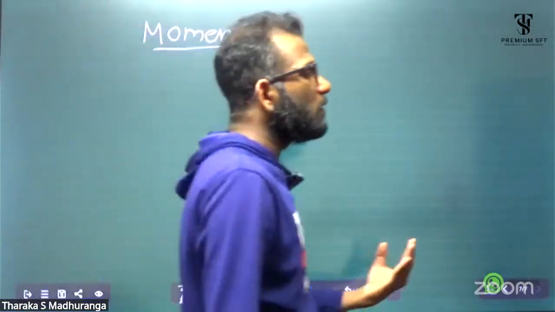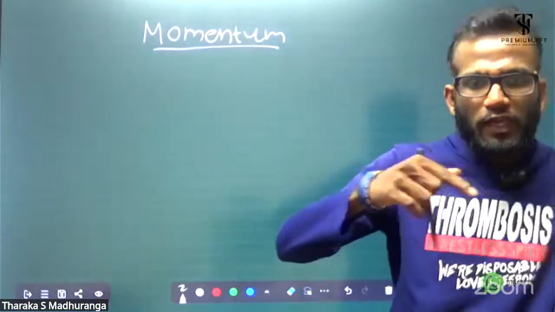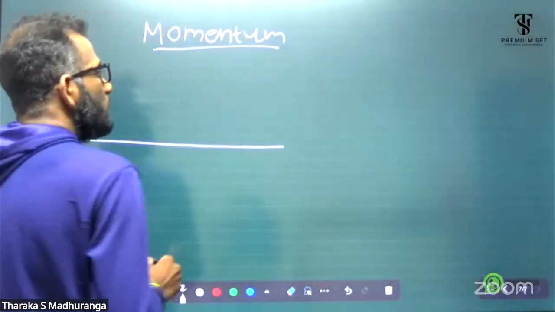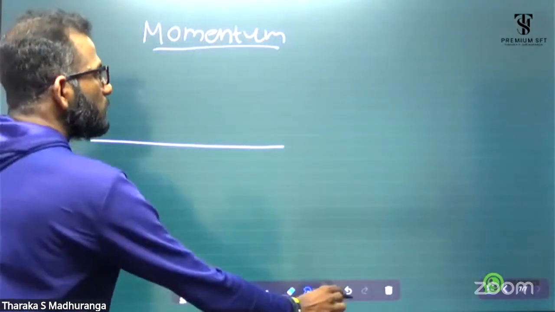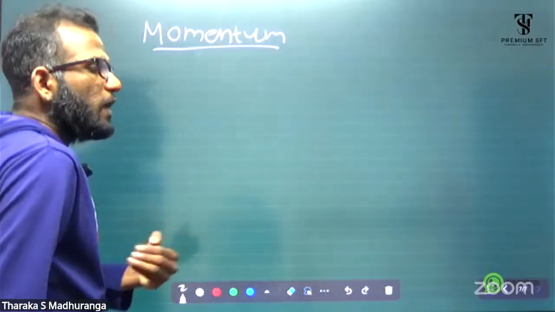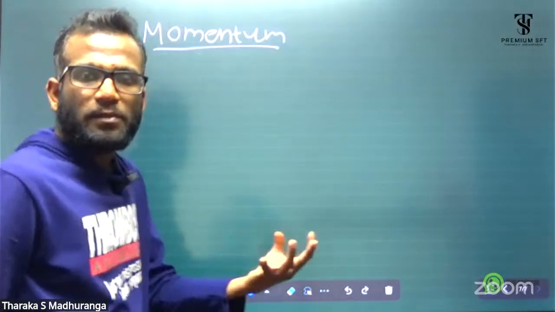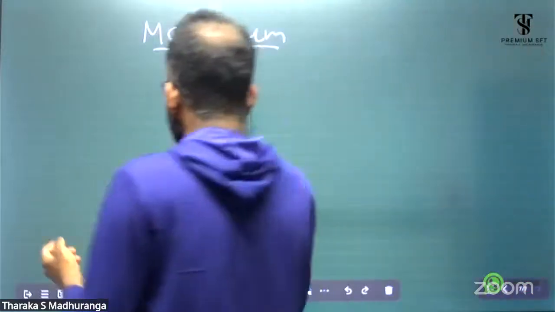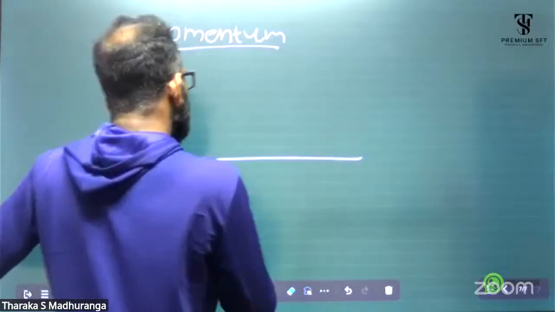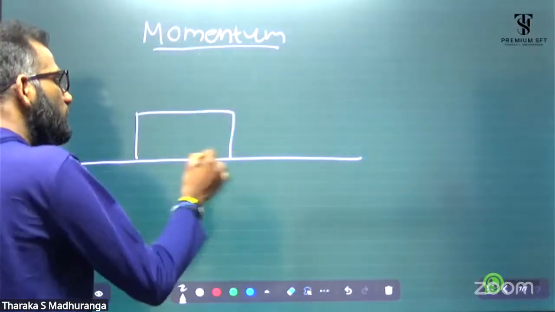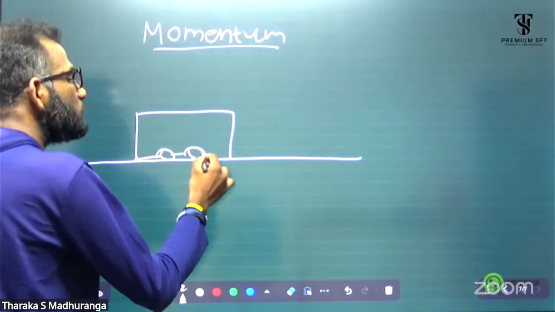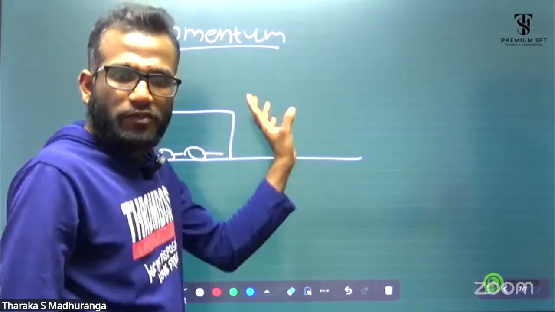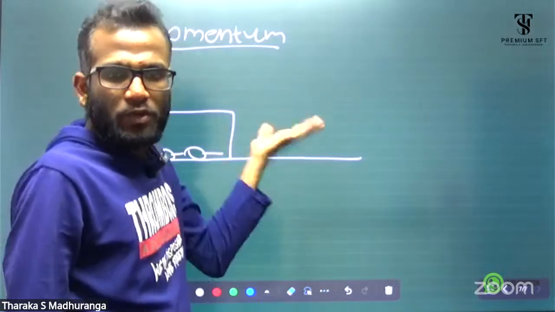As an example, think of a moving vehicle. Actually, for damage in an accident, the main reason is momentum. A moving vehicle is reluctant to change its motion; it is moving with some acceleration or uniform velocity.